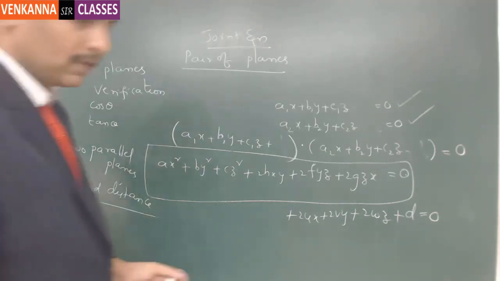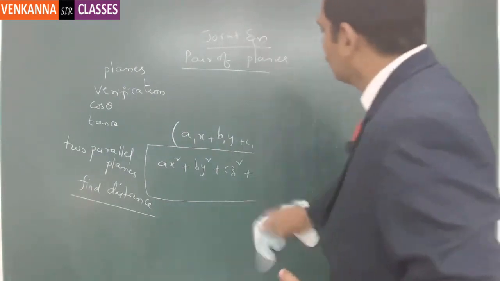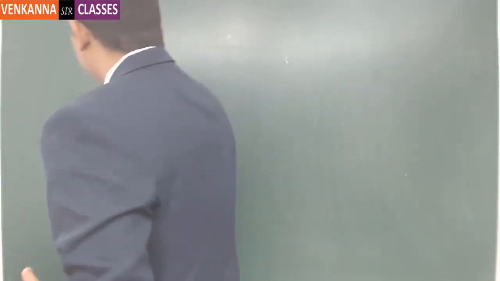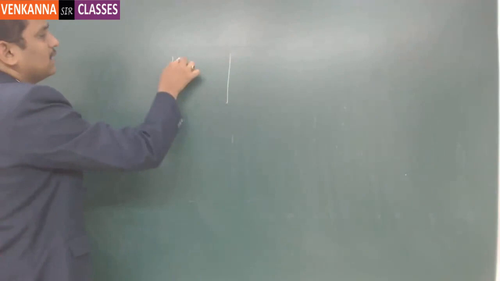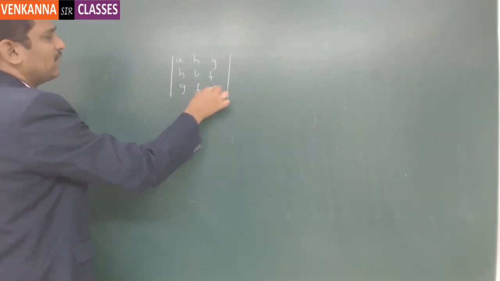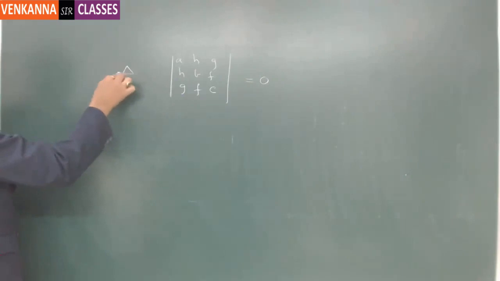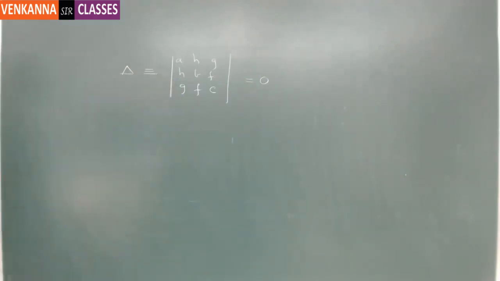Right. Now, suppose you consider the homogeneous equation where each term has second degree. So the verification part is, we calculate the determinant with rows AHG, HBF, GFC, and this equals 0. We use the symbol delta for this one. So the determinant must be equal to 0.